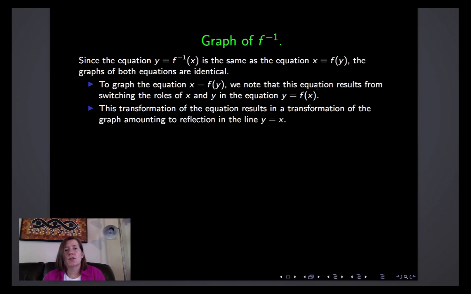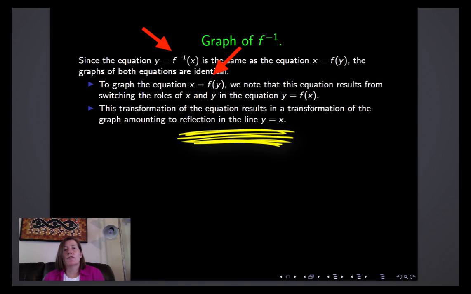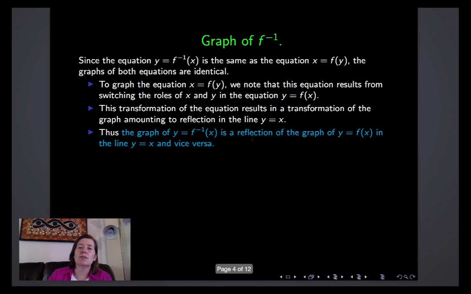And this transformation of the equation y equals f of x to x equals f of y results in a transformation of the graph amounting to reflection in the line y equals x. The graph of y equals f inverse of x is the graph of x equals f of y, which turns out to be the reflection of the graph y equals f of x in the line y equals x.